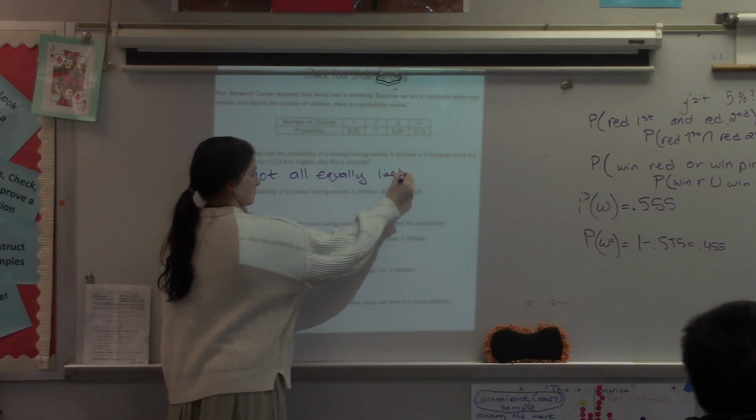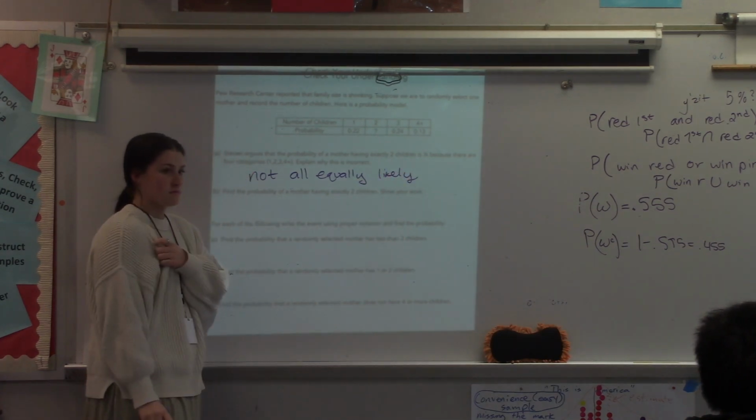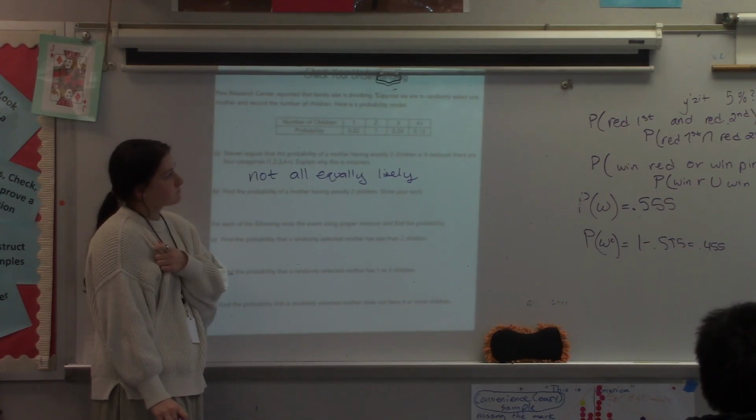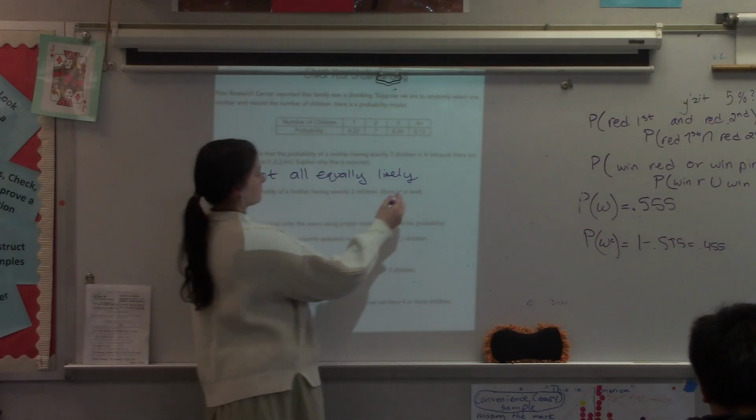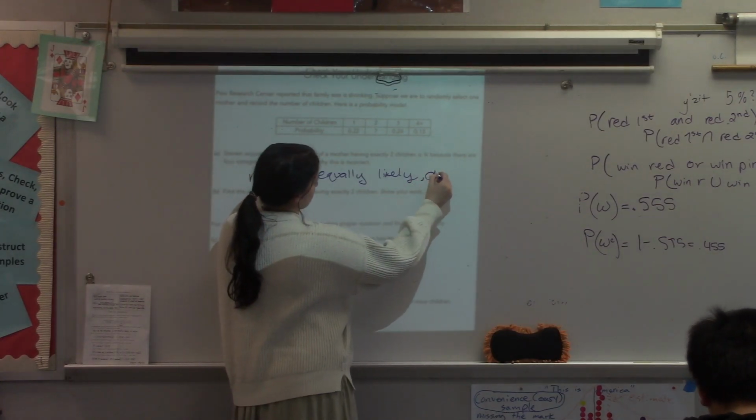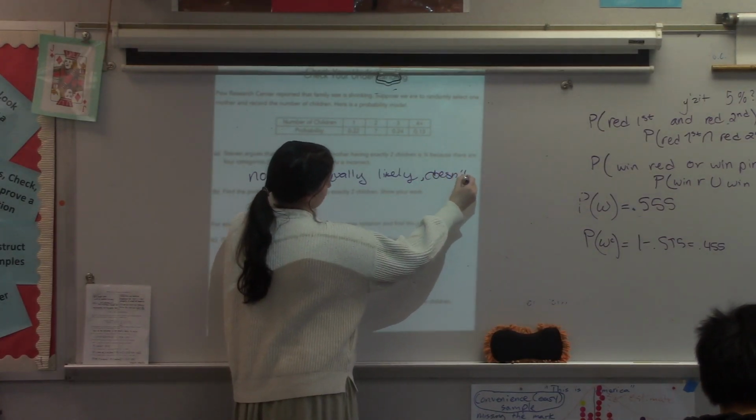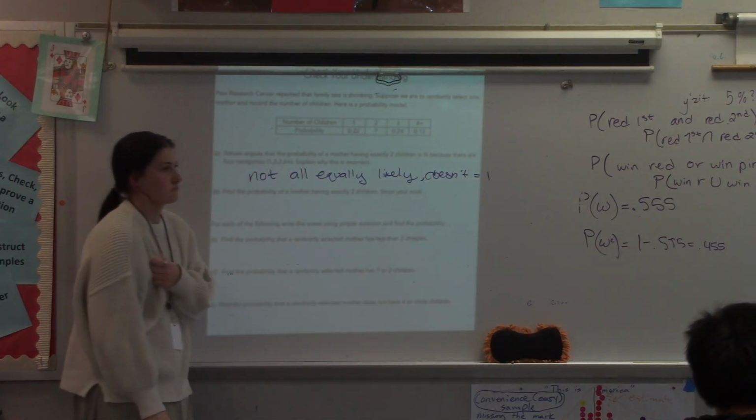Jaden had a really big one, but I need y'all to hear what Michael said. It doesn't equal 1. What does the probability have to add up to? 1. It has to add all the way up to 1, right? So not equally likely, and it doesn't add up to 1.